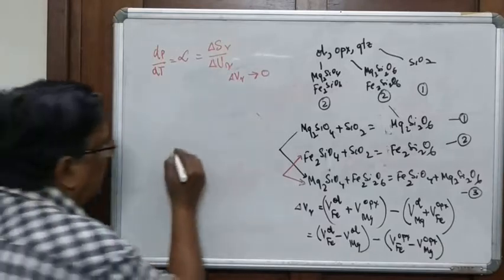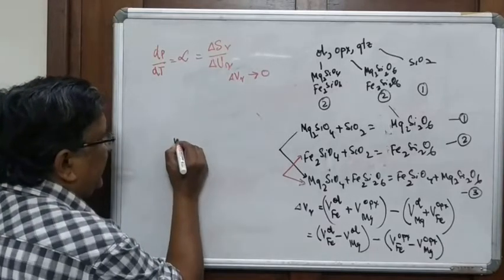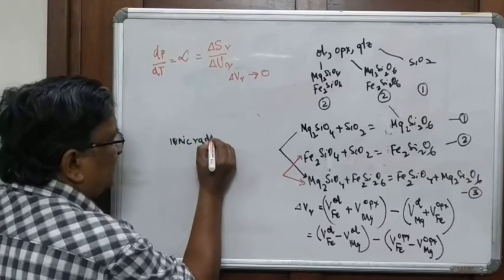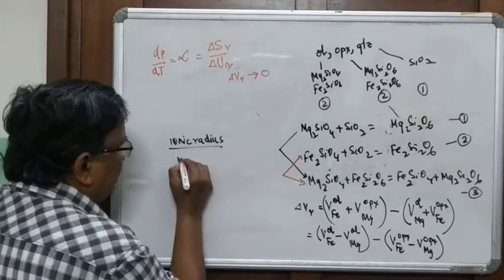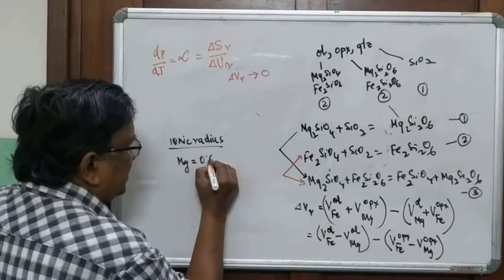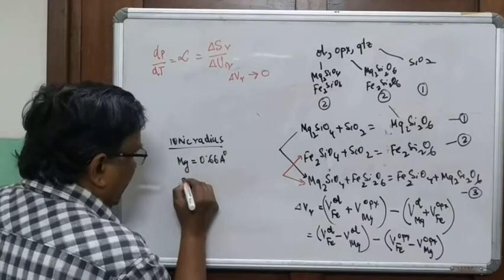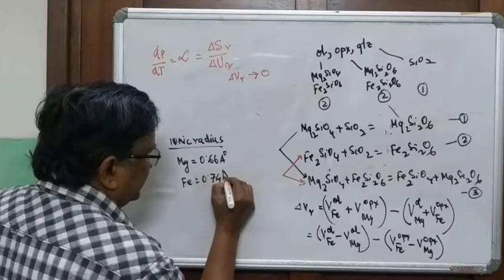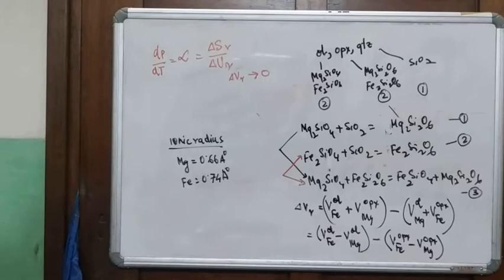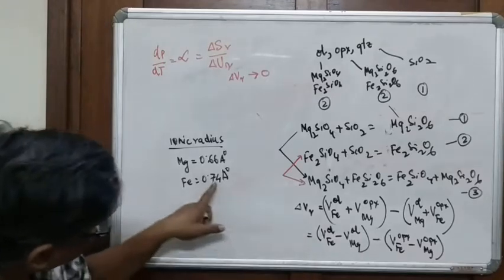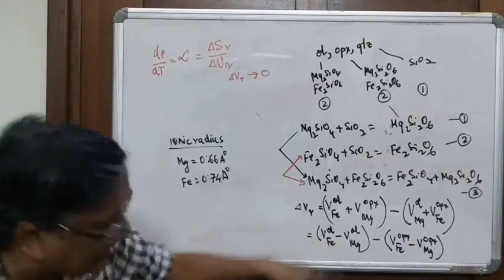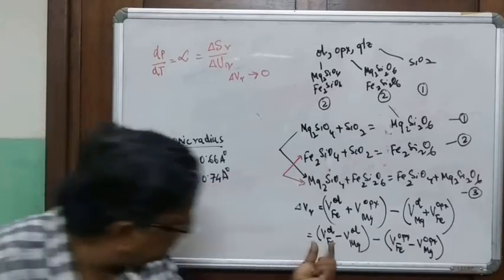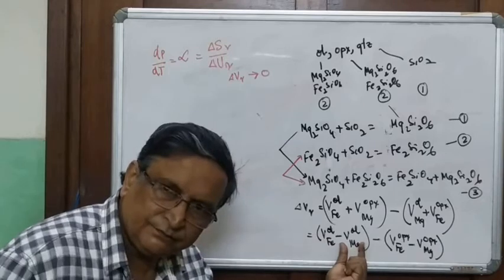And now you know that the ionic radius of Mg is 0.66 angstroms and Fe is 0.74 angstroms. So you can well imagine that if I take iron minus magnesium, this will have a slightly higher volume than this, right?